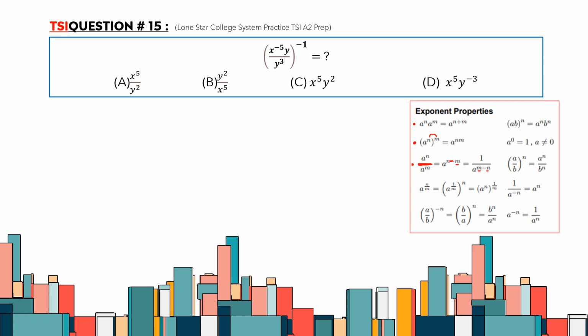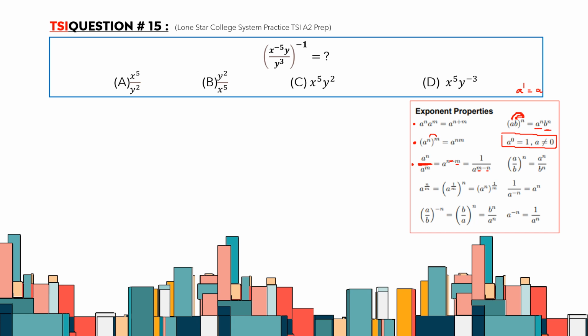And if we have a product raised to a power, we distribute that power inside. So we have n times 1, because a to the power of 1 equals a, and a to the power of 0 equals 1, where a has to be different from 0. When you distribute that n inside, you will have a raised to the power of n, b raised to the power of n.